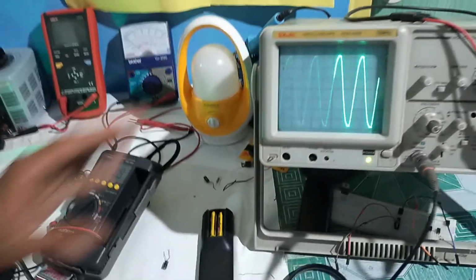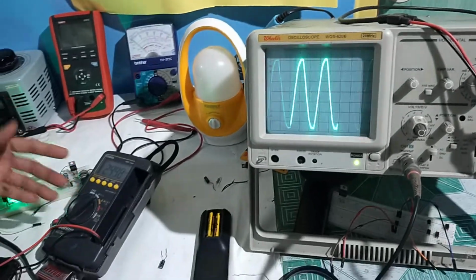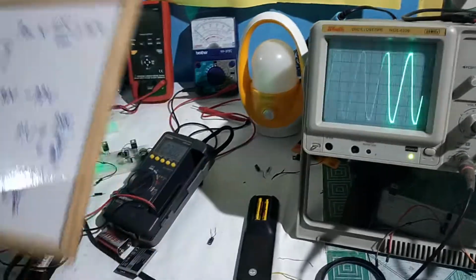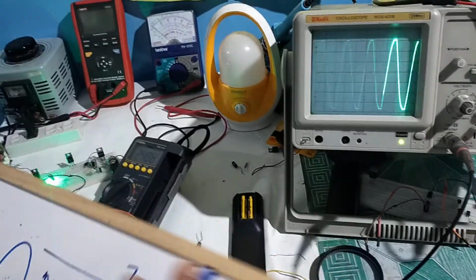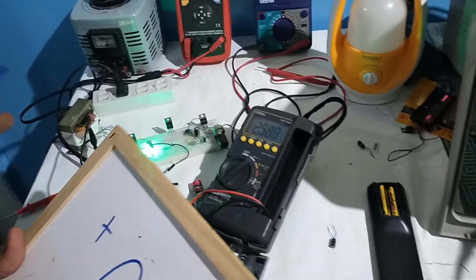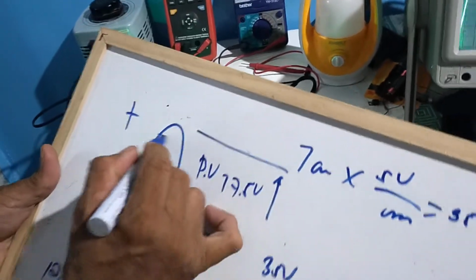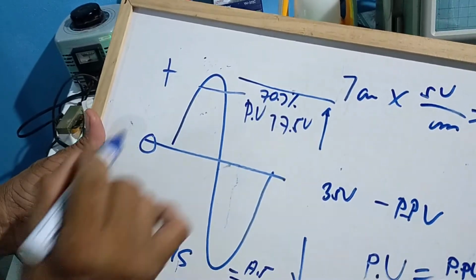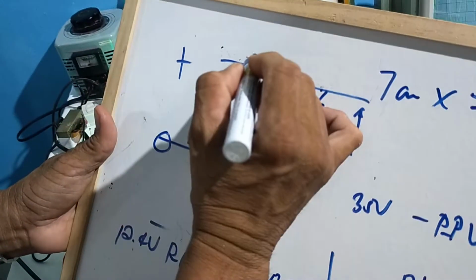The 35 volts cannot be measured by a voltmeter. It can be displayed and measured only by this oscilloscope. Okay? Actually, that 12.4 volts is just 70.7% of the 100% amplitude.